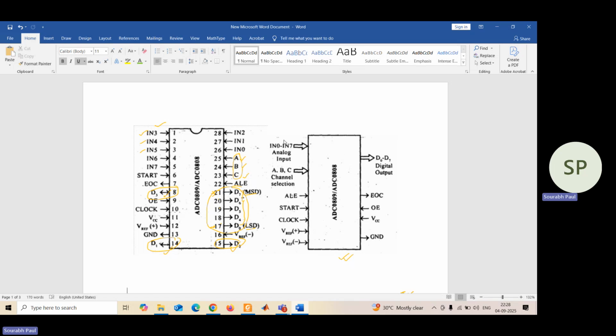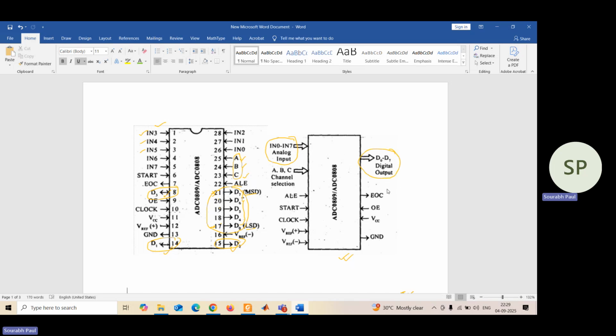As I already mentioned, in this ADC you have 8 input lines, IN0 to IN7, where any one of the lines has to be used as the analog input, meaning you have to give the analog input signal in one of these 8 lines. The corresponding digital value you are going to get from the D0 to D7 lines.